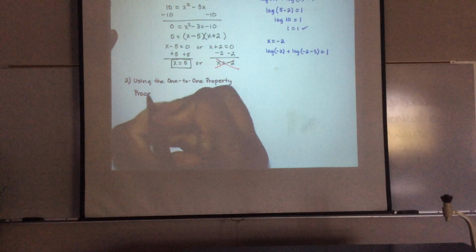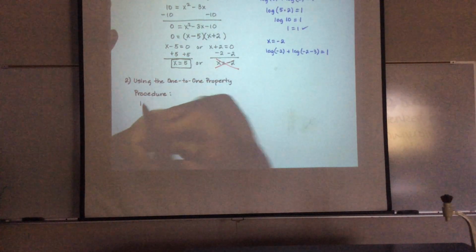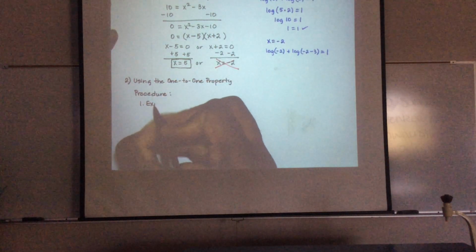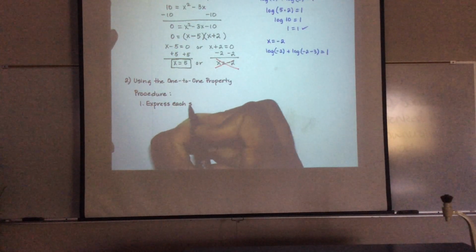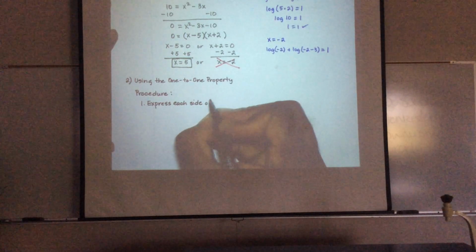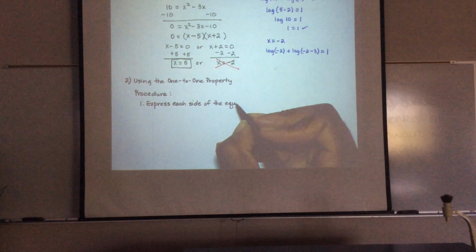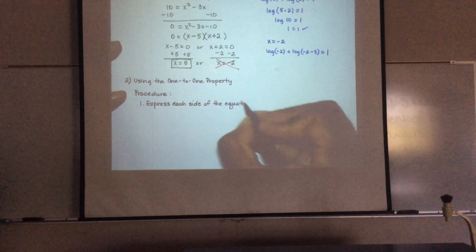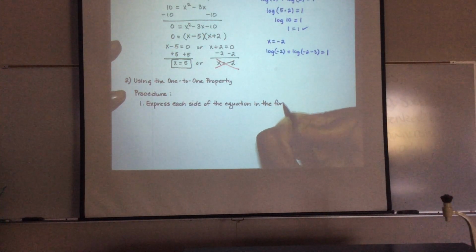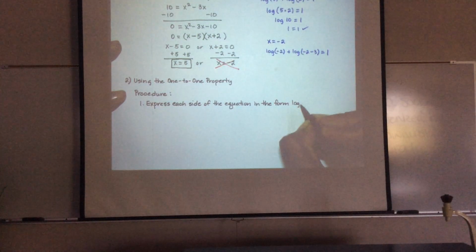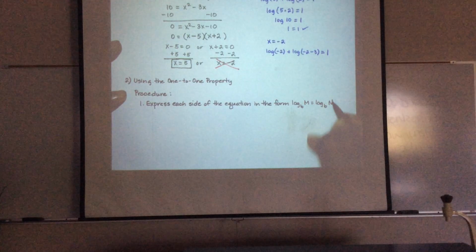And here's the procedure for that. The first step is to express each side of the equation in the form of log to the base b of m equaling log to the base b of n.